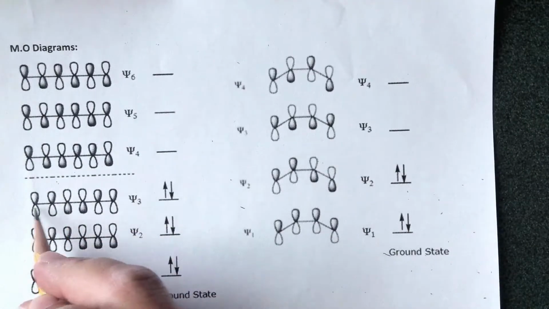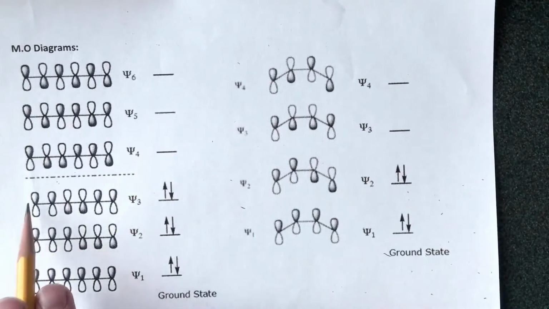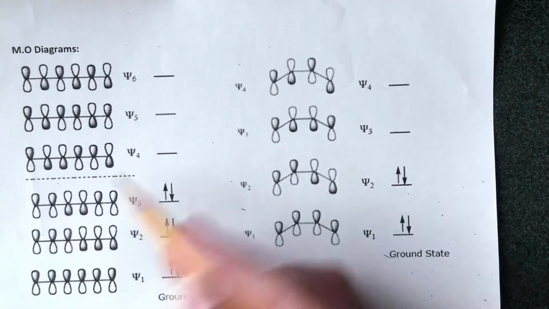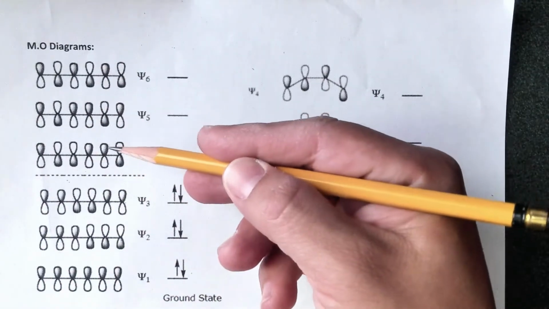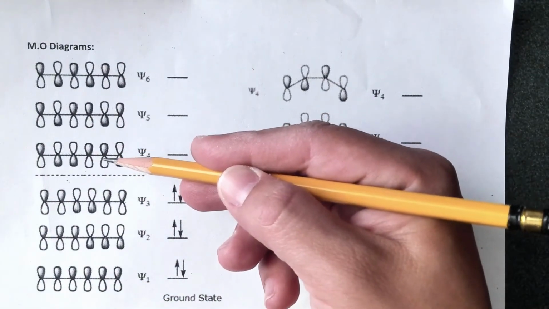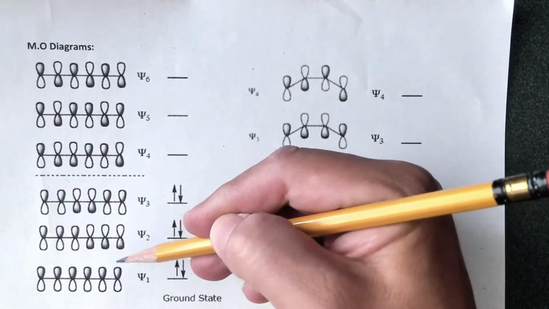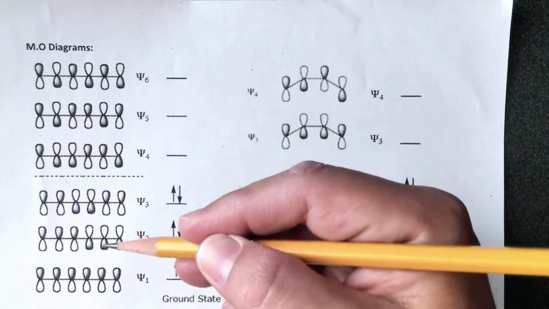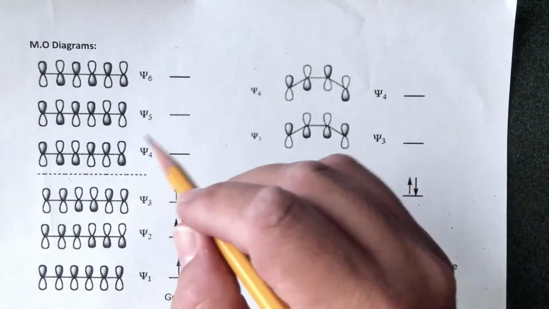So if you think about these molecular orbital diagrams, these points where these p orbitals are at, these are the carbons. And so this is the diagram that represents 6 carbons in a conjugated triene structure, and the molecular orbitals representing the pi system of that triene structure.